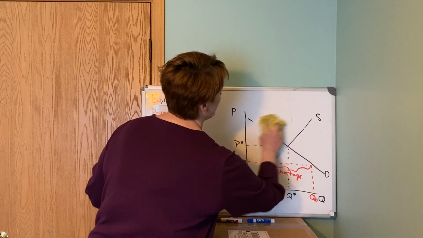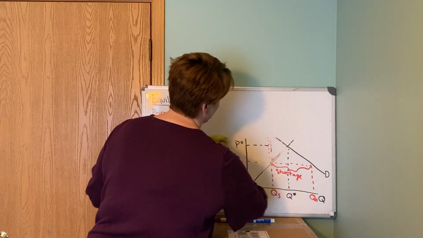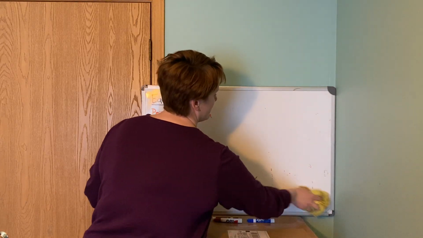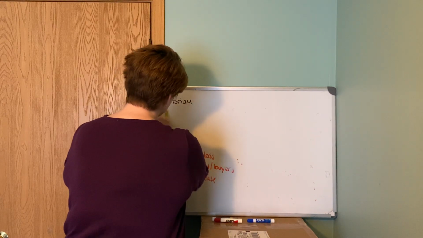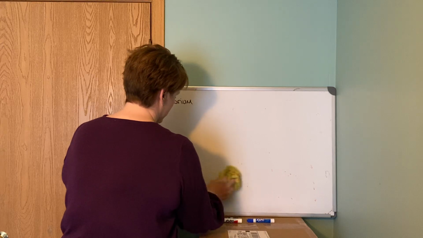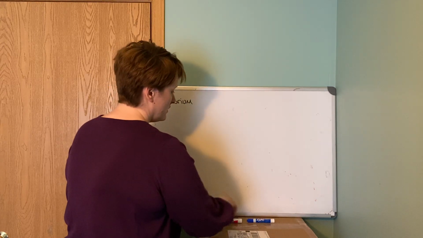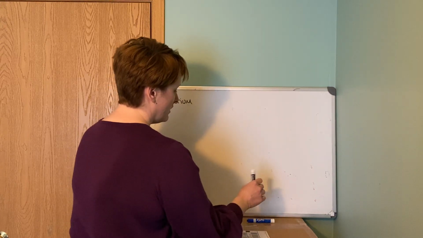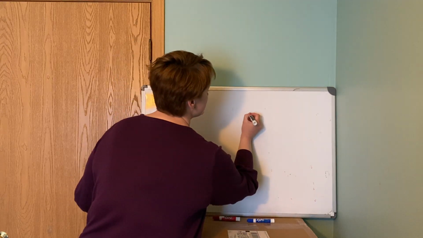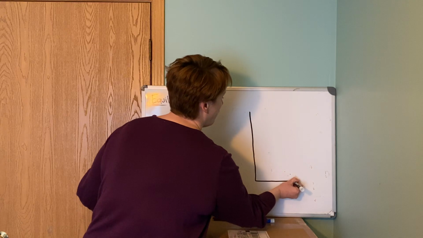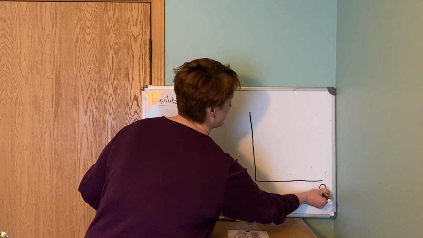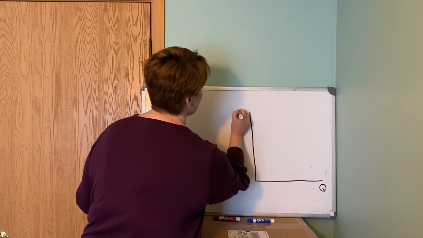Again, we start with our supply and demand curve. Our vertical axis is price, horizontal is quantity.